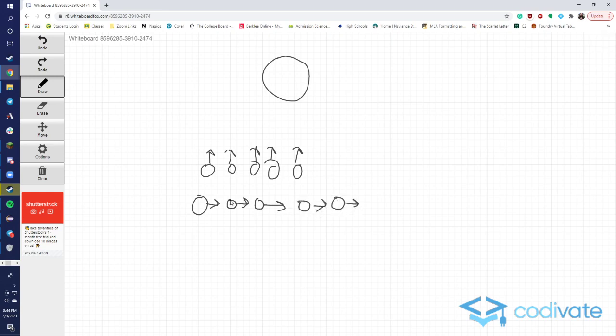This is what we call a 90-degree turn, where if you were to say turn to the right 90 degrees, this is what you would do. You would go from facing forward to facing right. And if you did it again, you would face down, and if you did it a 3rd time, you'd face left. And if you did it a 4th time, you'd face back where you started.